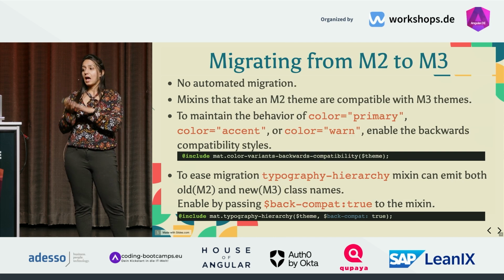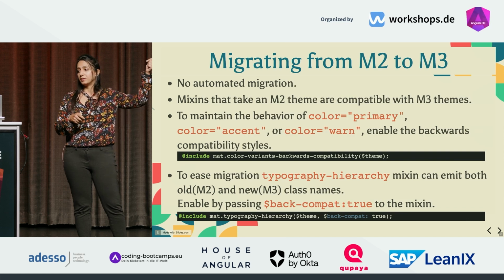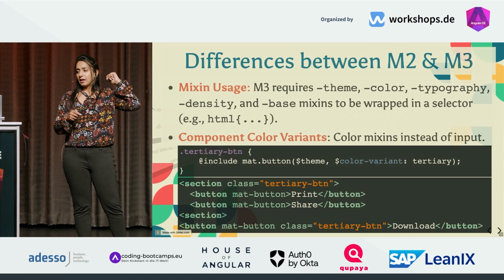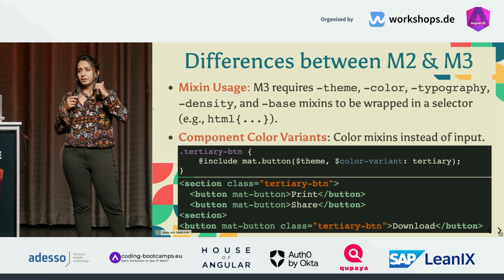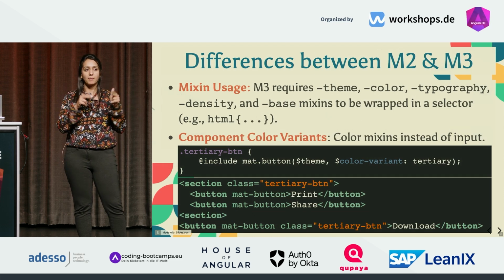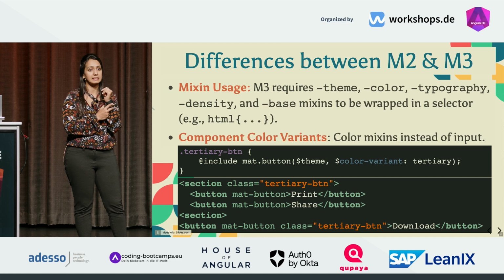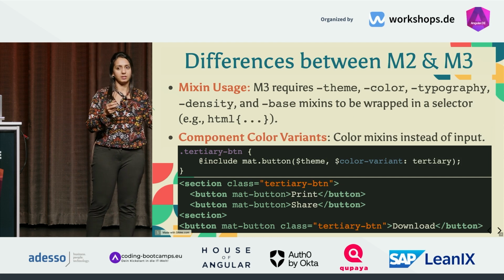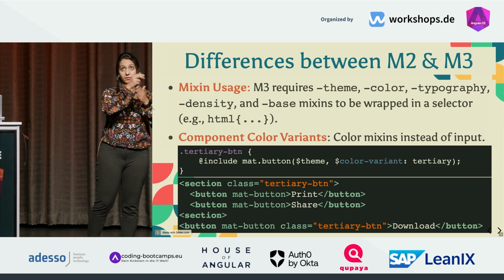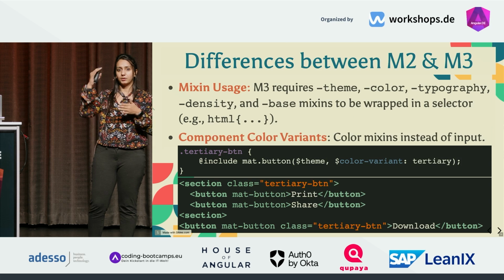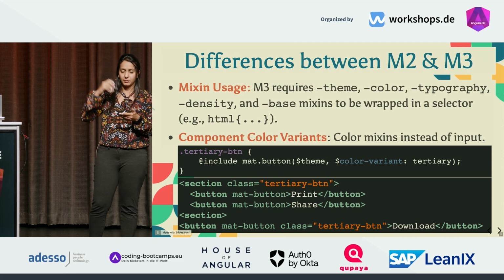So you can still have support by passing the backward compatibility through to the mixin. And another thing is that they require all their mixins to be wrapped around a CSS selector. You can just wrap it around HTML body, root, or whatever is the parent of your app root.